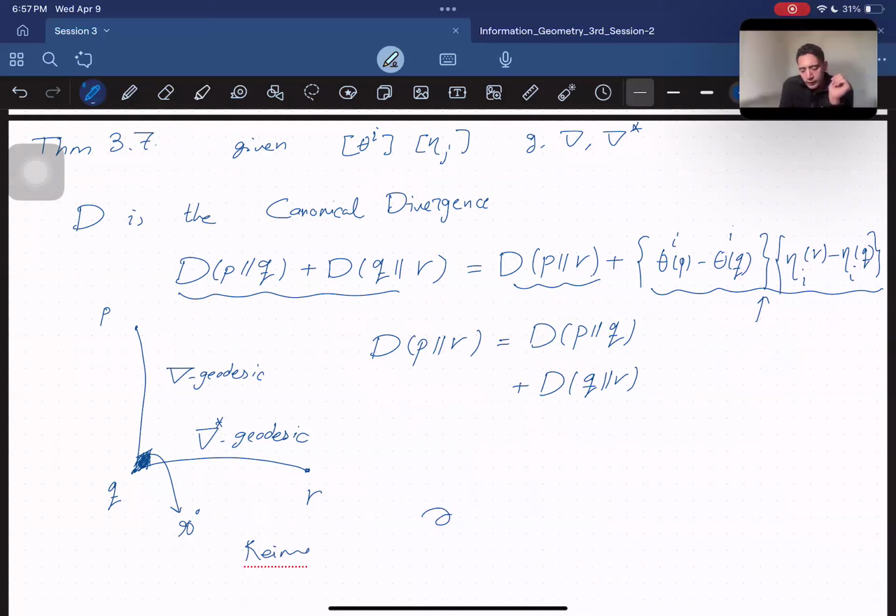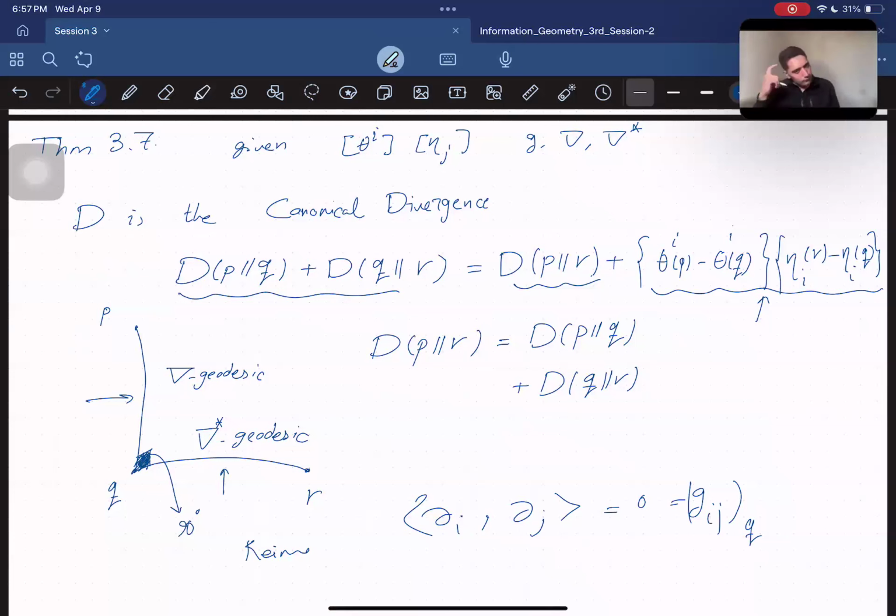So if you take a look at this thing, it is 0 at point P, at point Q. If you take a look at the divergence between these two and between these two, it would be exactly the same as the divergence between these two plus some regulator, which equals 0 when we have the 90 degrees.